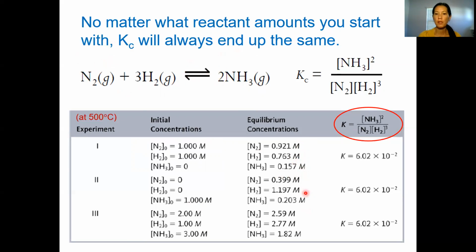But look at this, they're different. What's the same, however, is if you crunch those numbers, plug them into the equilibrium expression, you get that same constant. So again, if we start out with random numbers for all 3 of these, you get a certain equilibrium concentration, you still get that same K. This is powerful because if you know K, then you could actually start predicting equilibrium concentrations.